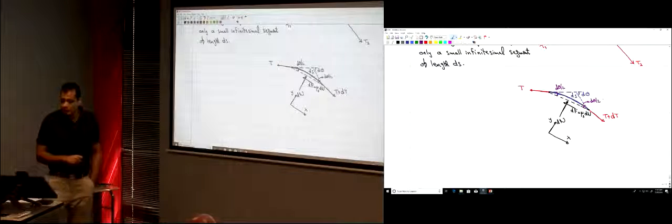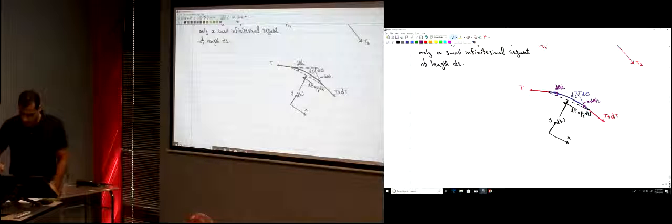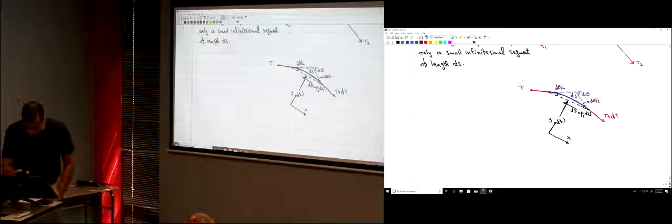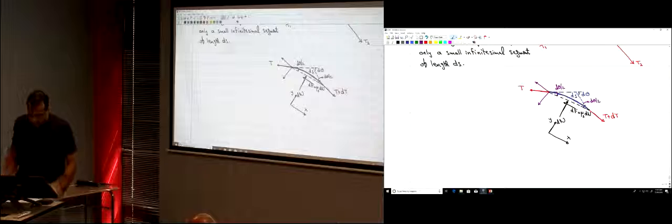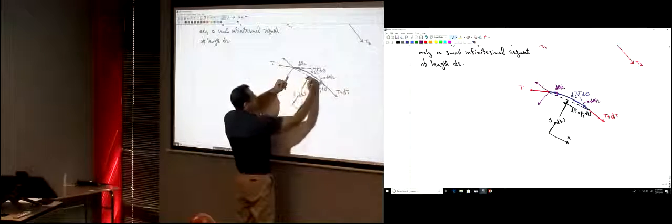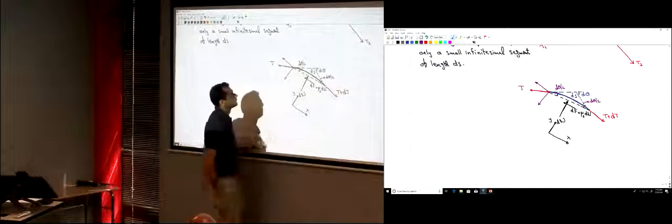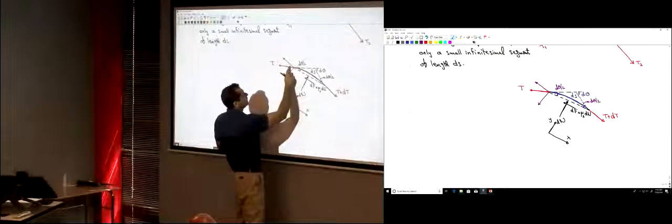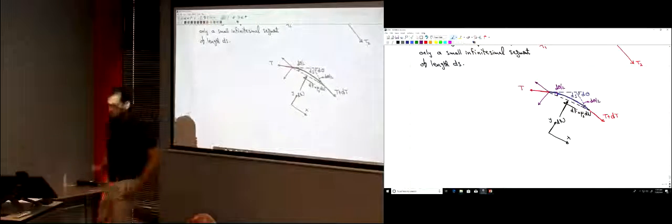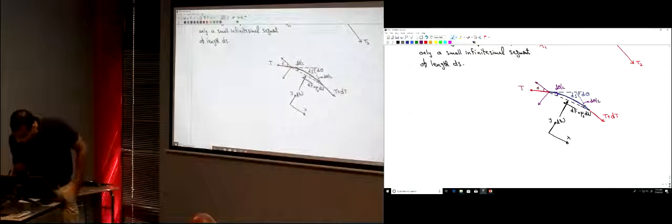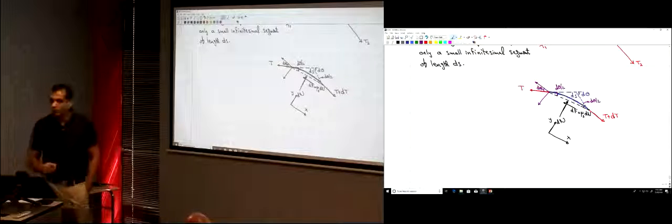Now, what I want to do is find the components of this force T along the y direction and along the x direction. This angle is d theta divided by 2. So what are the two components?